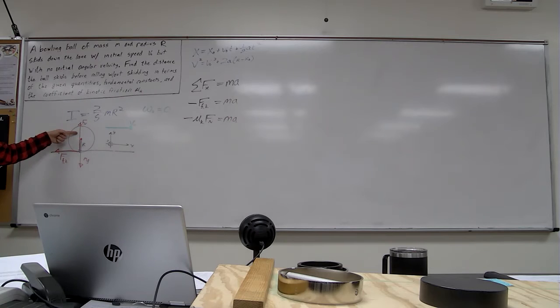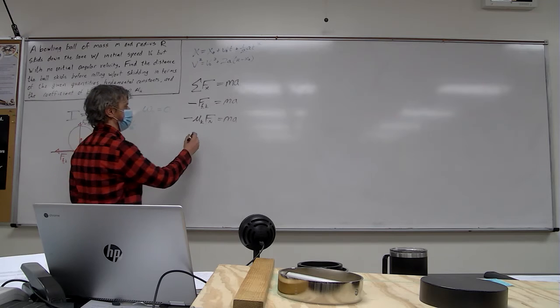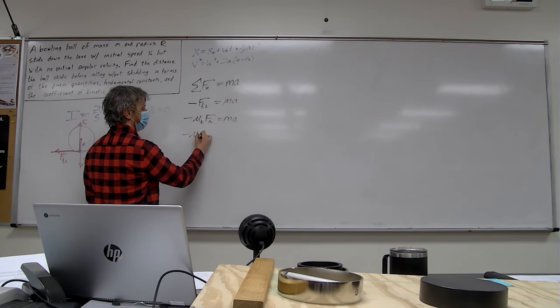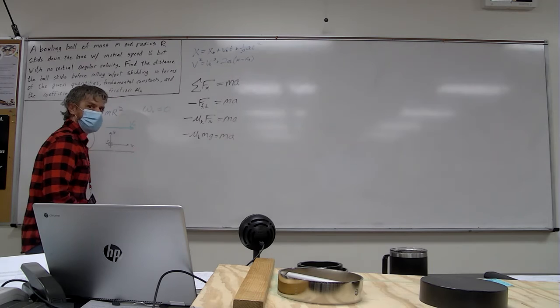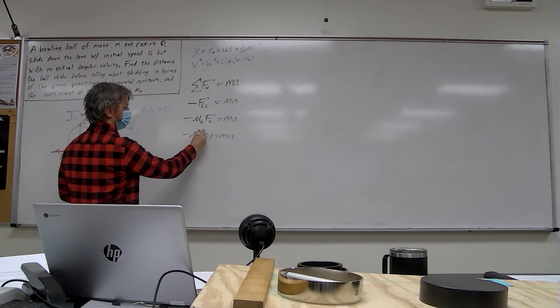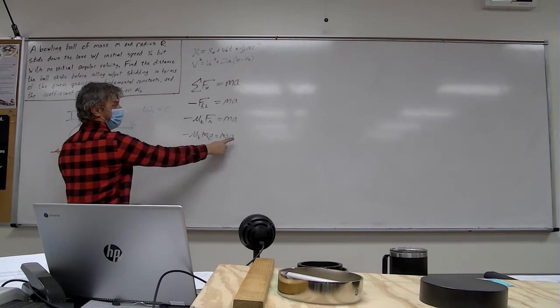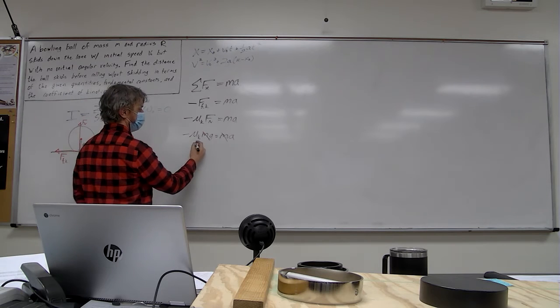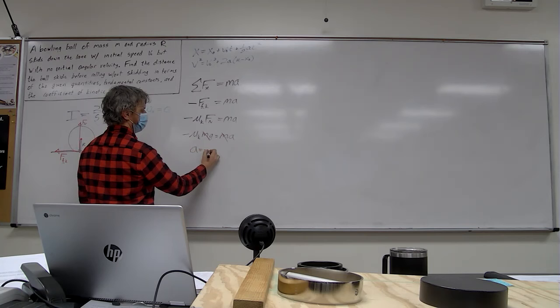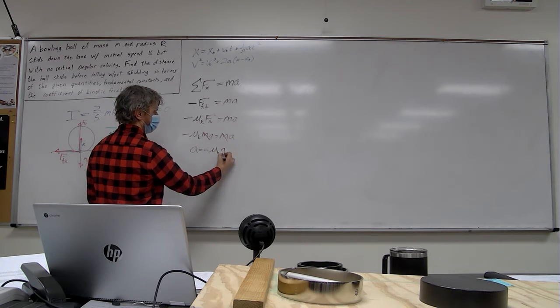And I know that the normal force, this is technically analyzing Newton's laws in the y direction, but really, all I need to know is that the normal force is equal to mg. So negative mu k mg equals ma. Everybody brought mass to the party. So look, now I have an expression for a linear kinematic variable, right? I know that the acceleration is equal to negative mu k times g.